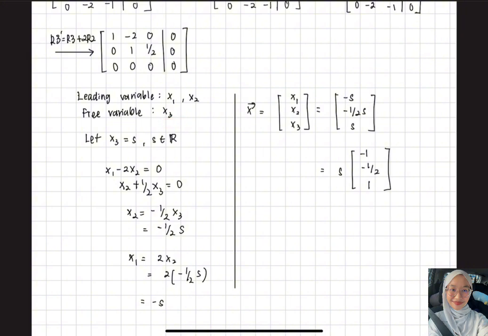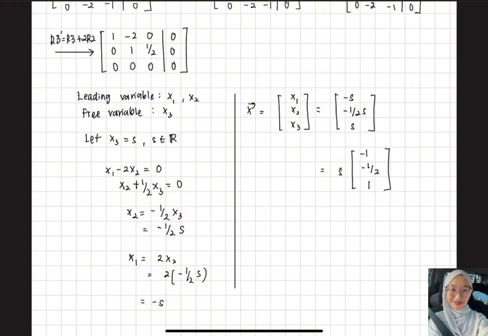So we let x3 equal s, where s is an element of R. From this matrix, the first equation is x1 minus 2x2 equals 0 and x2 plus 1/2 x3 equals 0. So we get x1 equals negative s and x2 equals negative 1/2 s.